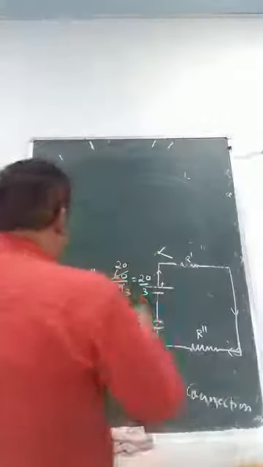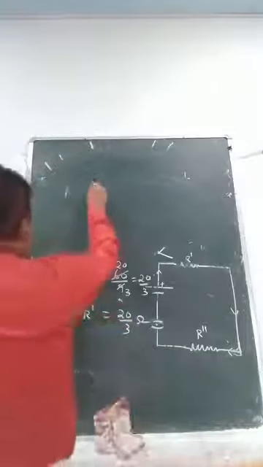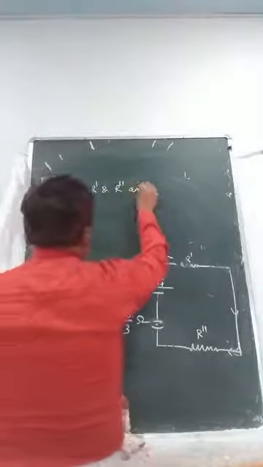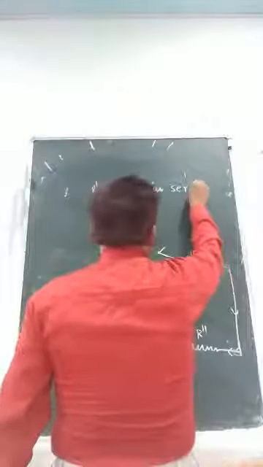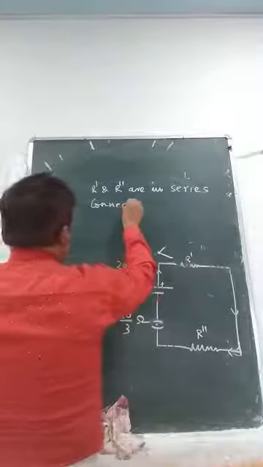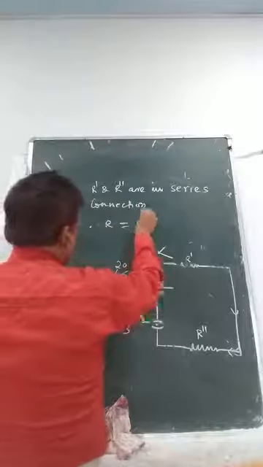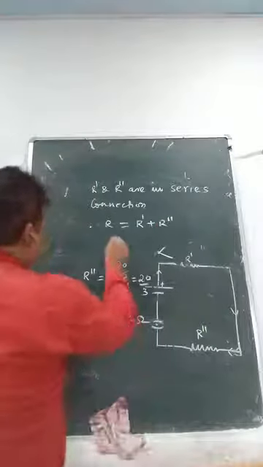So total resistance will be, you can write, R dash and R double dash are in series connection. Therefore R equals, what is the series formula? Sum of the resistances. So how much will it be?